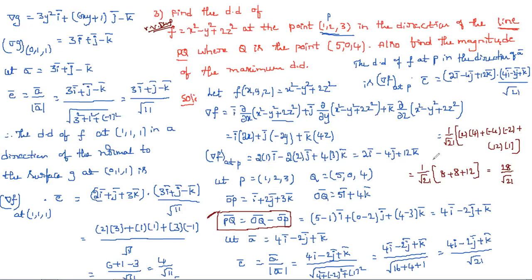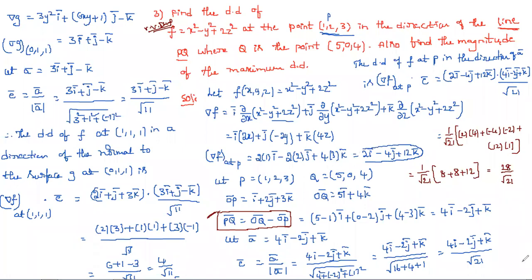Next, the second part, what we need to write. Hence, the maximum of the directional derivative is nothing but the magnitude of del f at P. Del f we got is 2i minus 4j plus 12k.